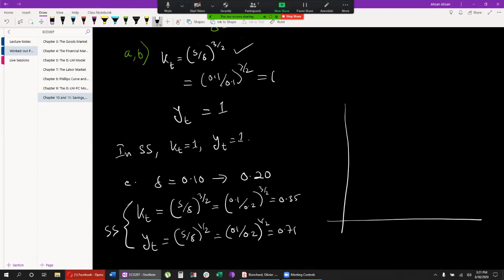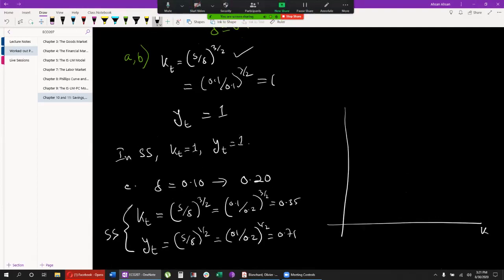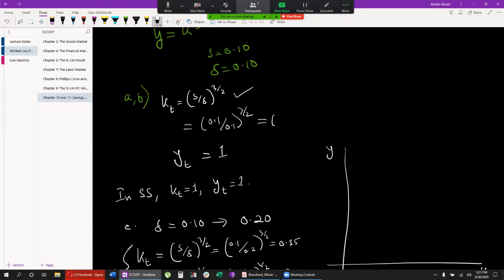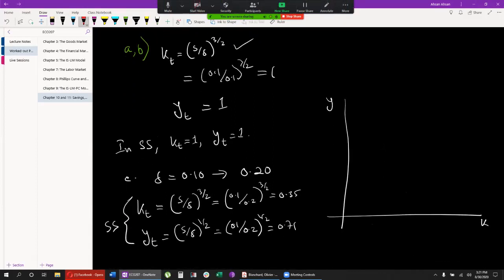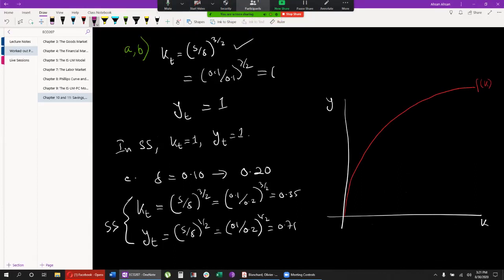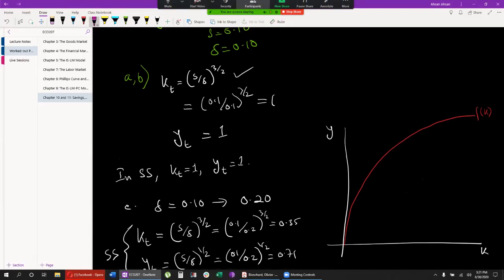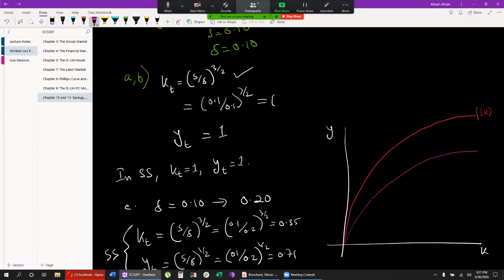So we have capital here, we have output here. This is the function of K. This is investment.